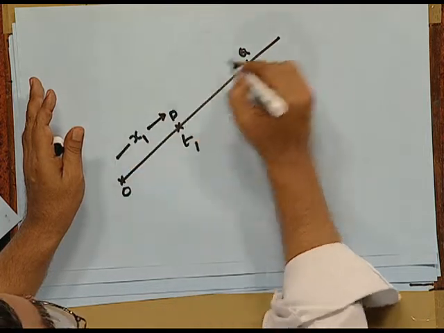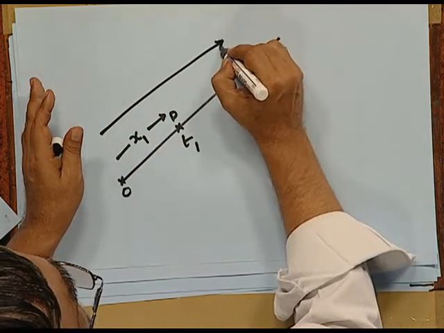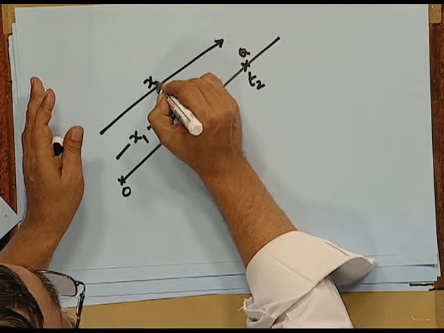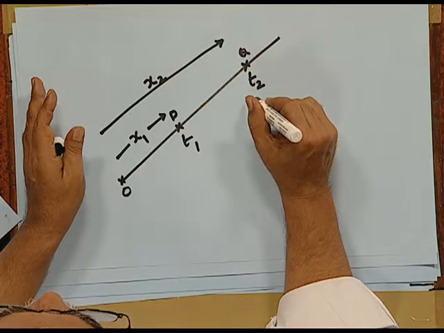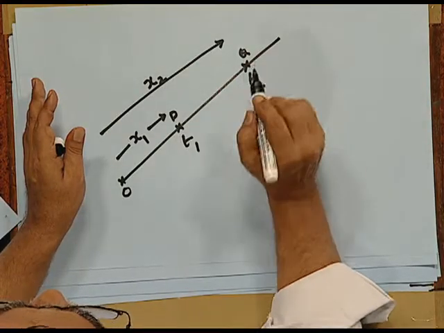Similarly, position of Q is given by its position coordinate, which is x2.